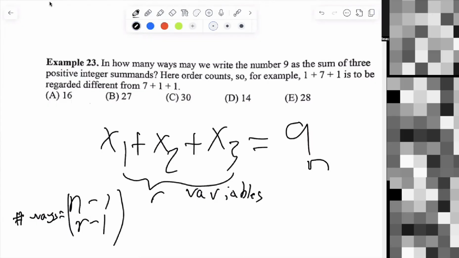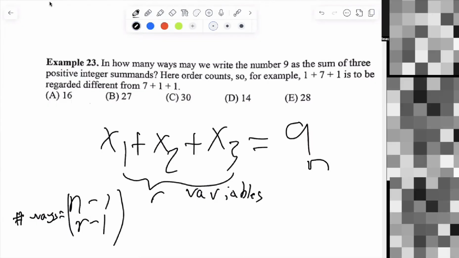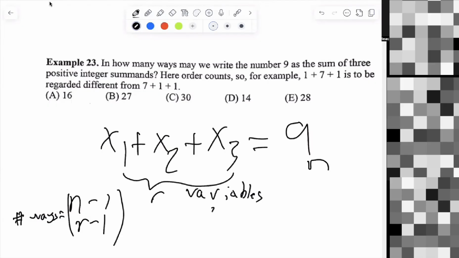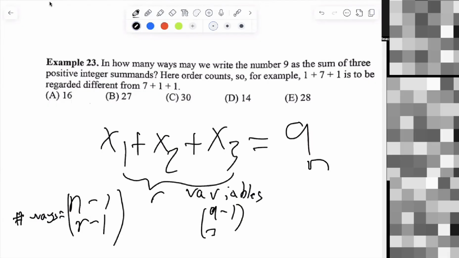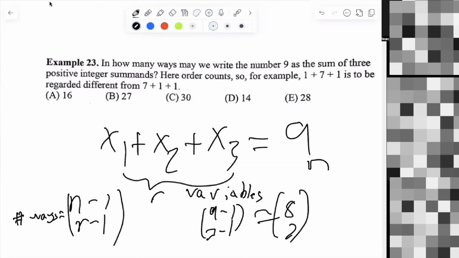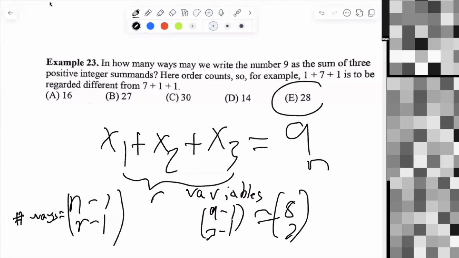Now we can just plug in the values. Here, r is 3, n is 9. So if we plug it in, we get 9 minus 1 choose 3 minus 1, or 8 choose 2. This gives you a total answer of 28, or E.